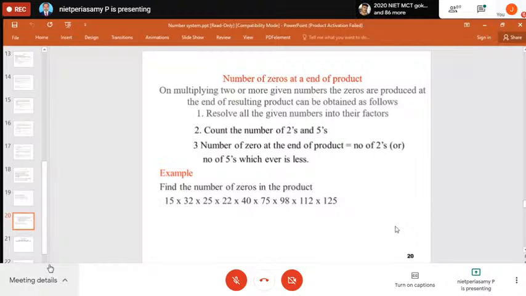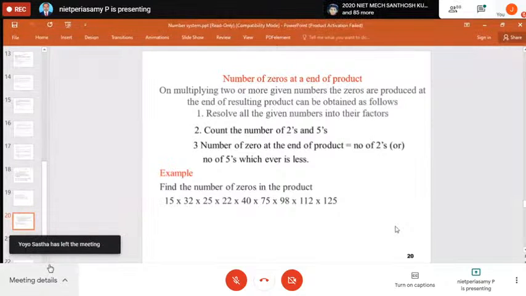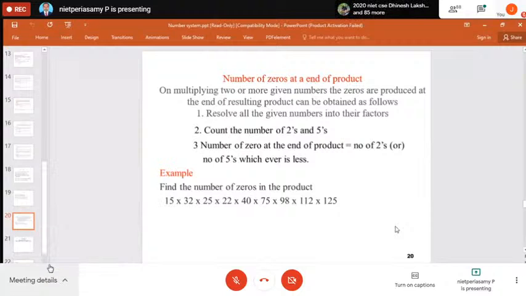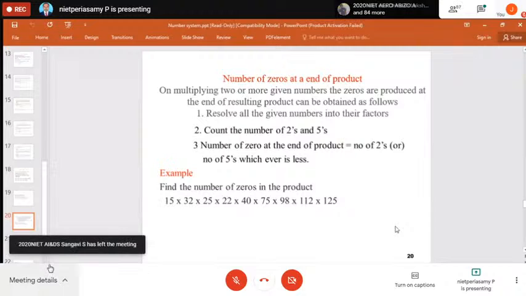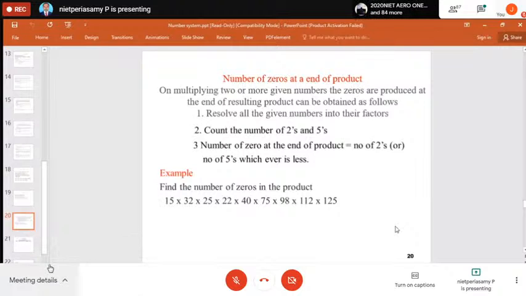First we count the number of 5's. In 15 we have one 5. In 22 we don't have any 5. In 25 we have two 5's. In 40 we have one 5.